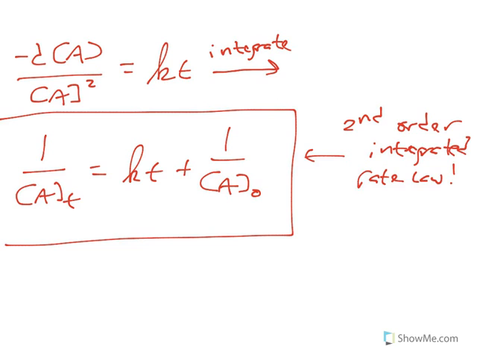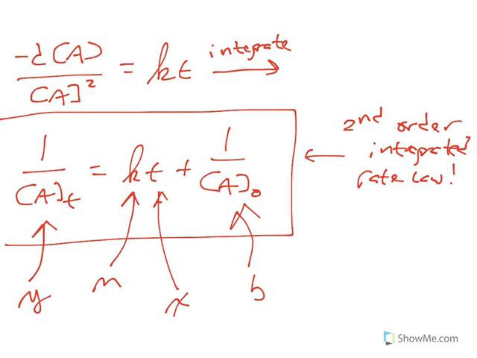So what's different about this? Well, we now have no natural logs, but we have these fractional representations of A_t and A_0, and we have our old friends k and t. This is actually fantastic because we see our old friend again: y equals mx plus b.